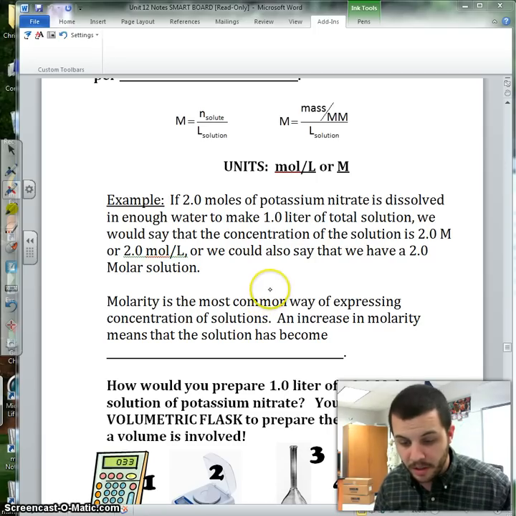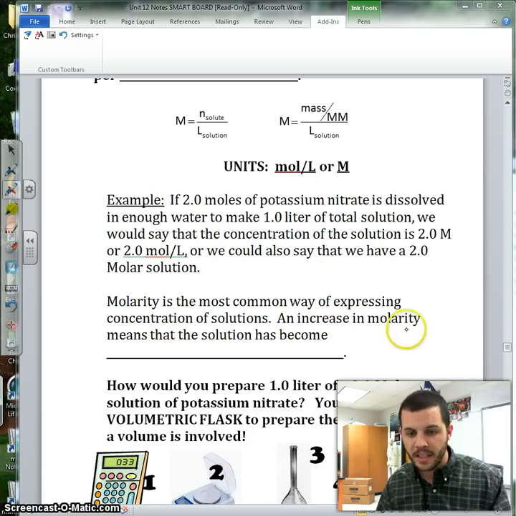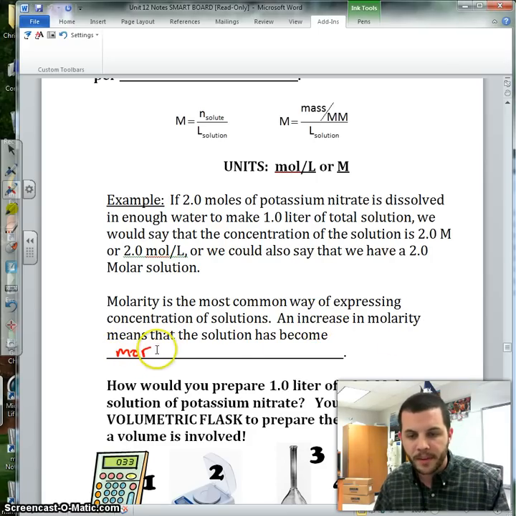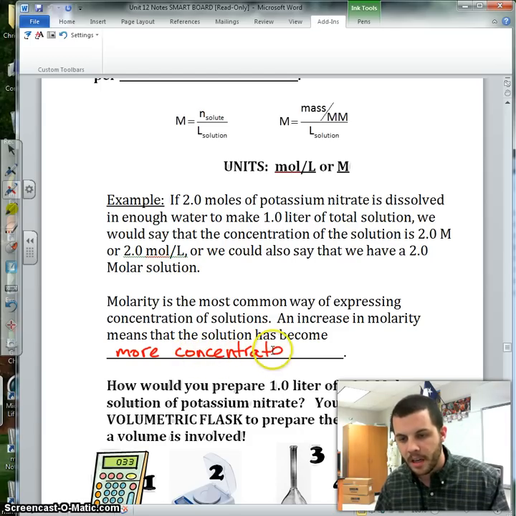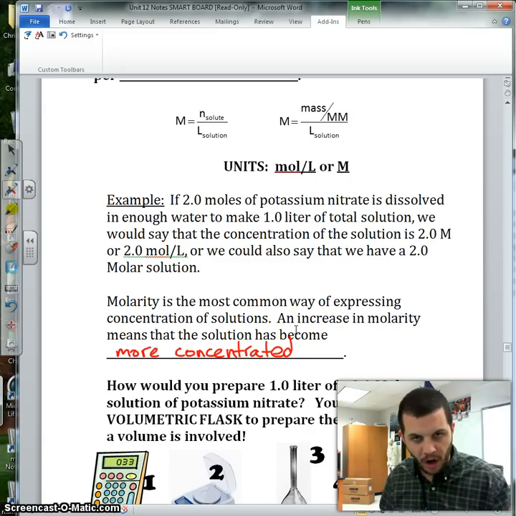This next blank says molarity is the most common way of expressing concentration. An increase in molarity means that the solution has become more concentrated. And so that means that you just have more stuff per solvent.